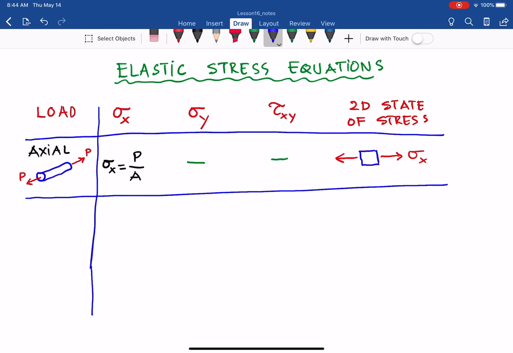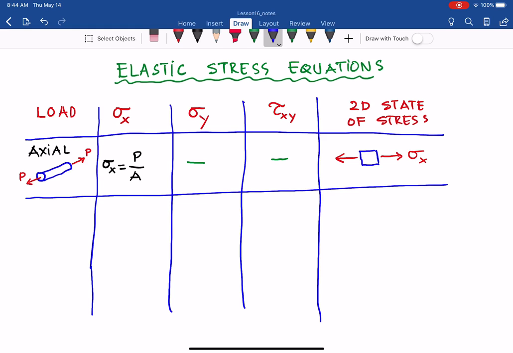And then the second type of load that we also investigate is the thin-walled pressure vessels, and it can be cylindrical, thin-walled pressure vessel, or spherical.